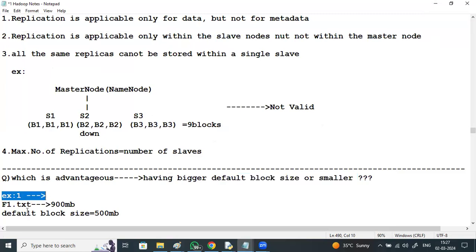Example one. A file f1.txt of 900 MB is there. I'm configuring the default block size as 500 MB. If we choose smaller, it will have more number of tasks.